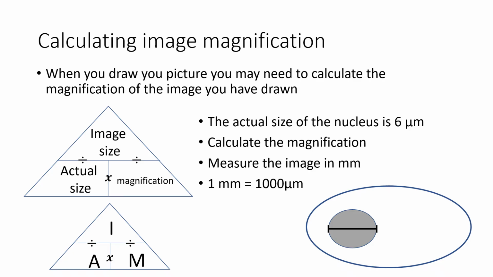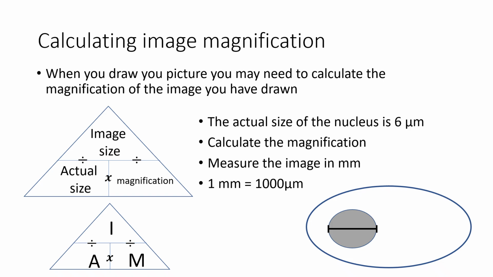The difference is the addition of the division and the times symbols, just to make it easier for you to work out what you do with the numbers. It's always the top row divided by the bottom row, or the bottom row times the bottom row. So in this case, it would be the image size divided by the actual size, or the image size divided by the magnification, or it would be the actual size of the thing on the slide multiplied by the magnification.